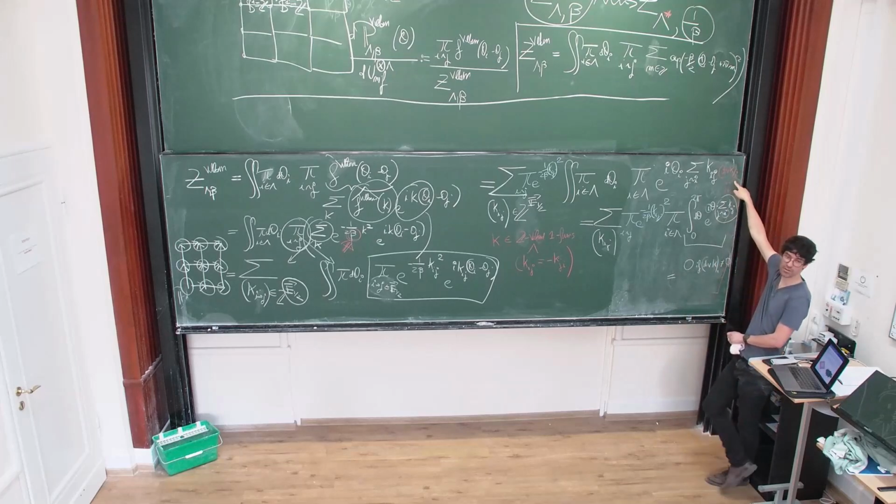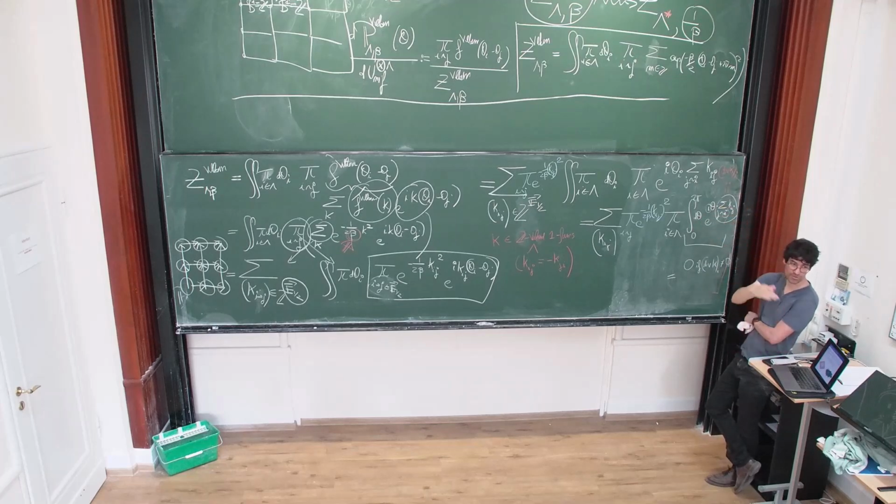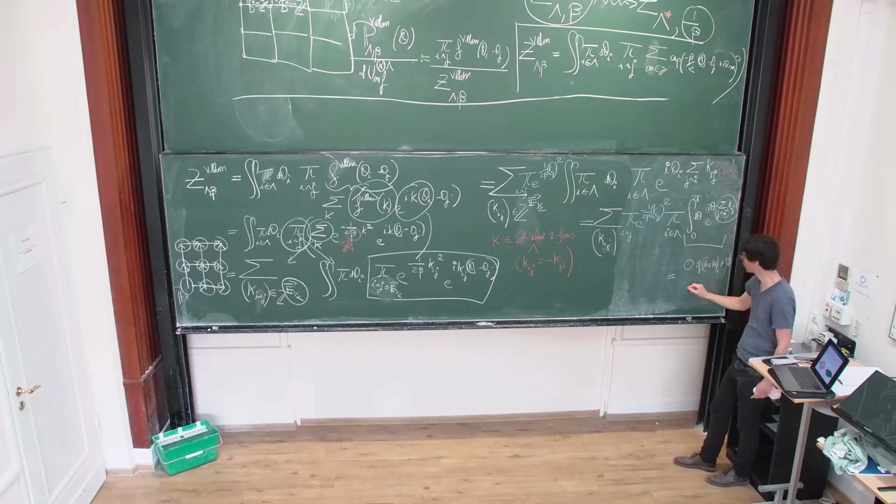If this is 1 and you integrate e to the i theta on 0 to 2 pi, this will give 0. So the only chance for this integral to be non-zero is that the divergence of k at that point is 0. And this integral will be 2 pi if the divergence of this one form at the vertex i is equal to 0.